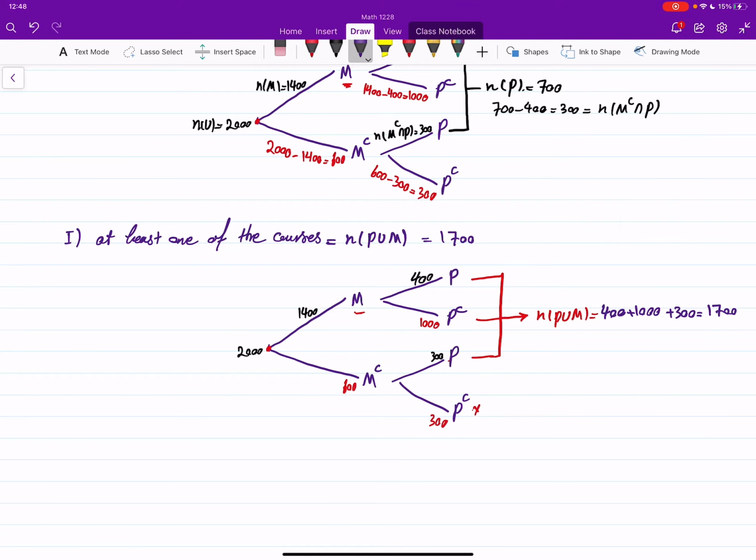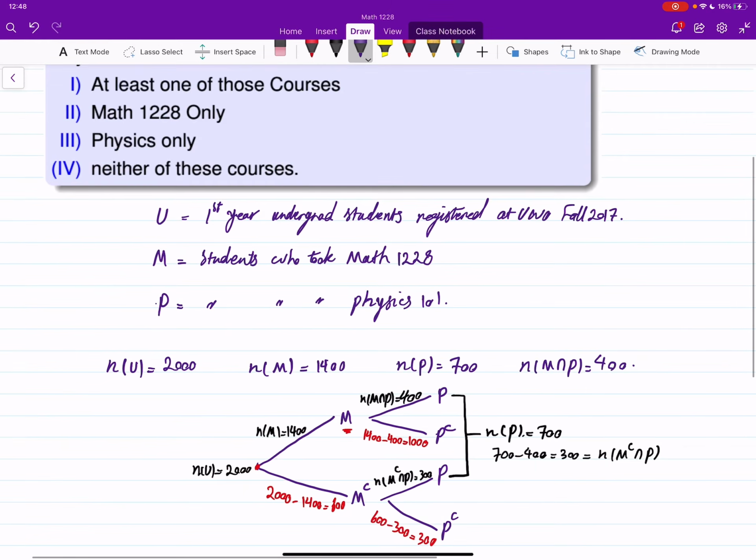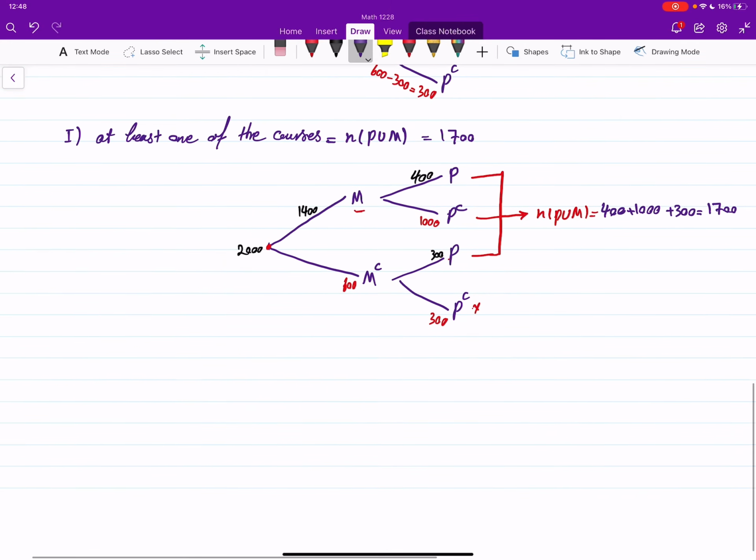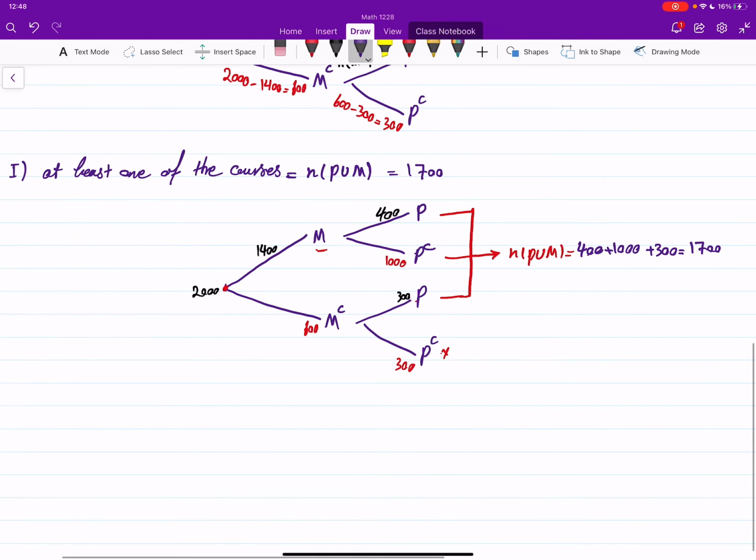Okay. Part 2, Math 1228 only. So let us see, what does this mean? Well, the set theoretic version of this means the students who took math but not physics, because we are interested only in Math 1228 only.